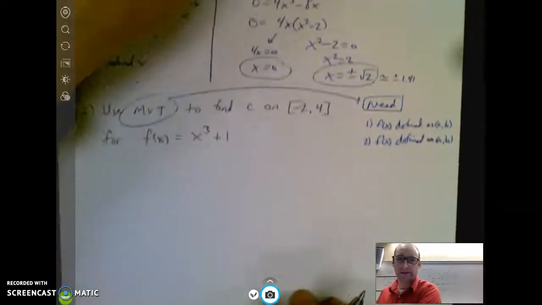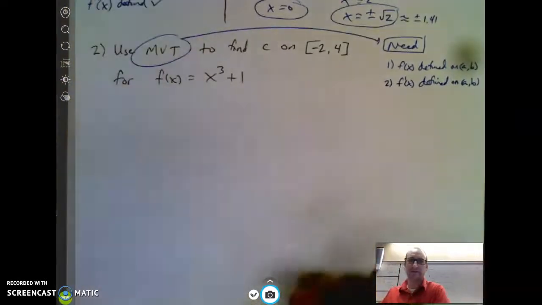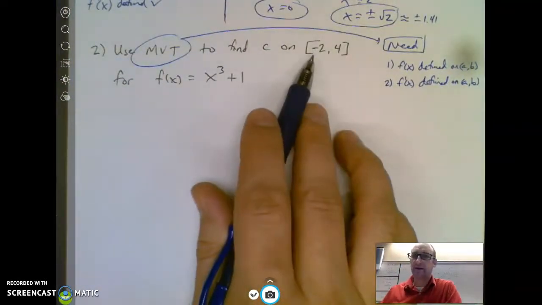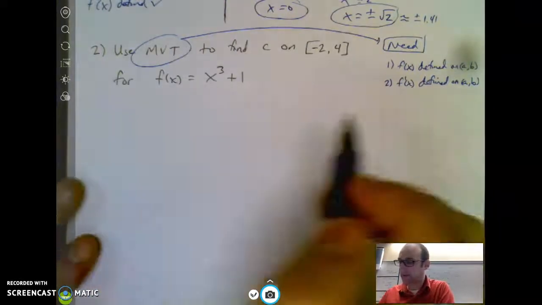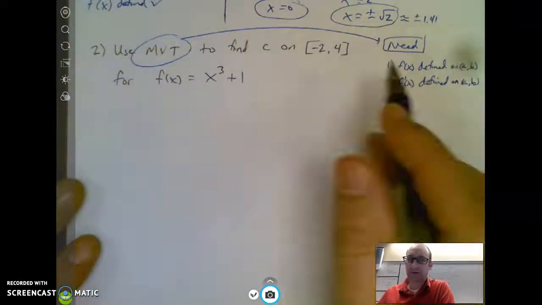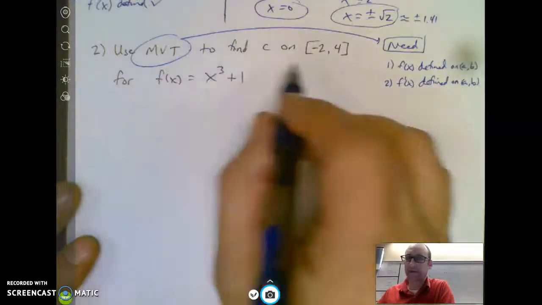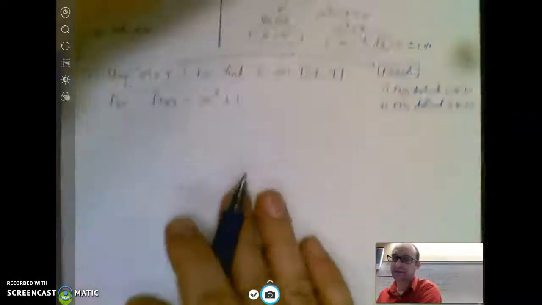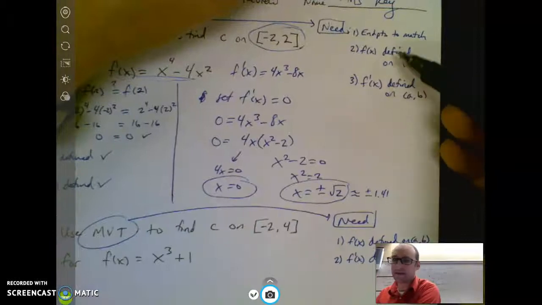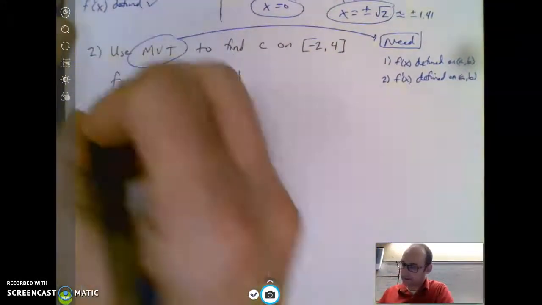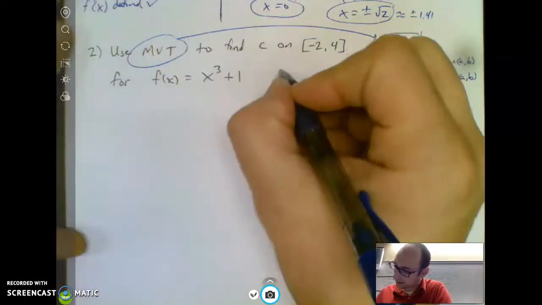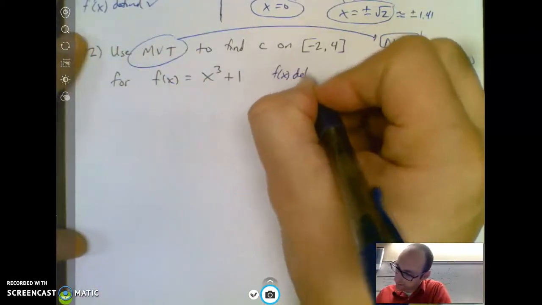All right, so the next one is use the mean value theorem to find c on the interval from negative 2 to 4 for this equation. Remember, in order to be able to use the mean value theorem, you got to pass these two tests. They're the same two as these. You just don't need the endpoints to match. So I want to check, is f of x defined?